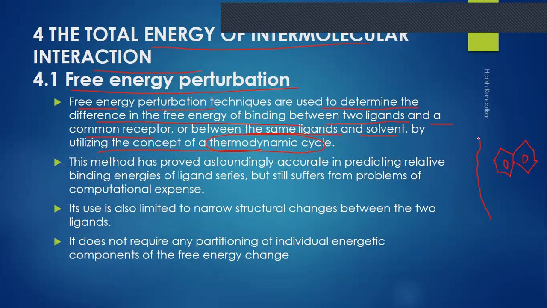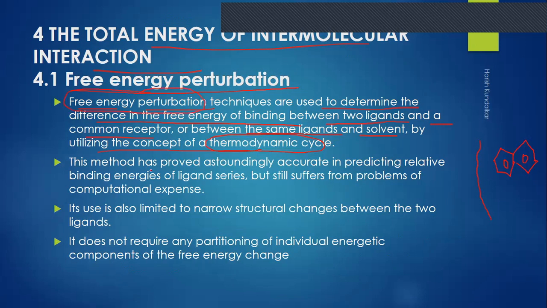If these are made to interact with the receptor, if these substituents interact with the receptor, then what would be the change in the free energy of binding? So, differently substituted common structure and its interaction with the same receptor. That is called the free energy perturbation technique.